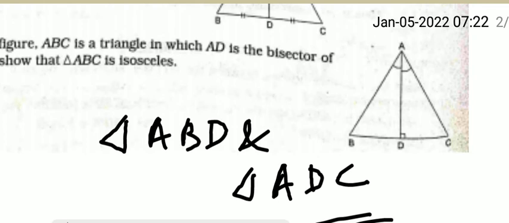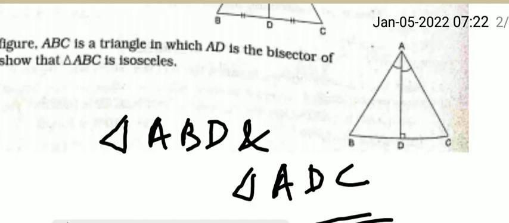Next, you write angle BAD equal to angle CAD. Angle BAD means this angle equal to this angle. Okay. Write the reason, because AD is the bisector of angle A. And number third, you write AD is the common line segment, the both triangles. So three conditions fulfill.